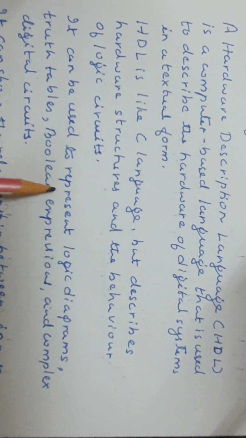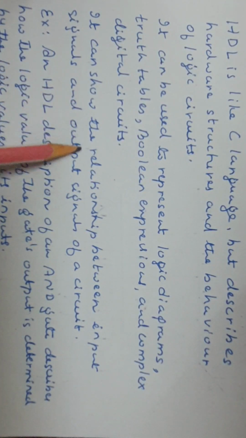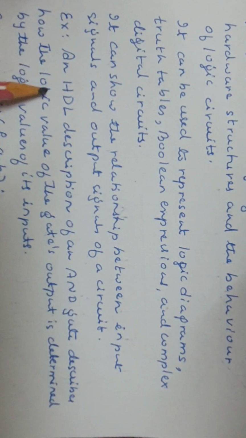This HDL, hardware description language, can be used to represent logic diagrams, then truth tables, Boolean expressions, and complex digital circuits. So HDL can also show the relationship between input signals and output signals of a circuit. Example, an HDL description of an AND gate describes how the logic value of the gate's output is determined by the logic values of its input.